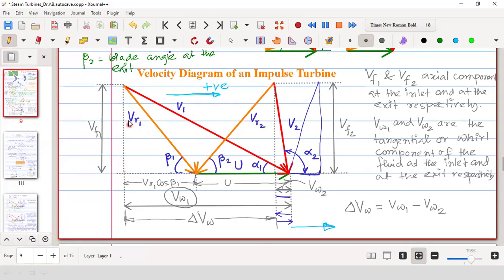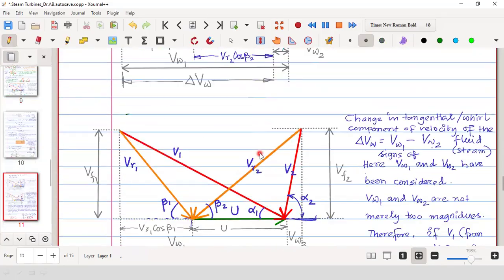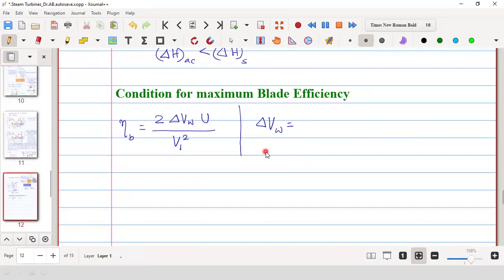So what is that? This is VR1 cos beta 1 plus VR2 cos beta 2. This part is VR2 cos beta 2, and this is VR1 cos beta 1. Therefore delta VW is equal to VR1 cos beta 1 plus VR2 cos beta 2.